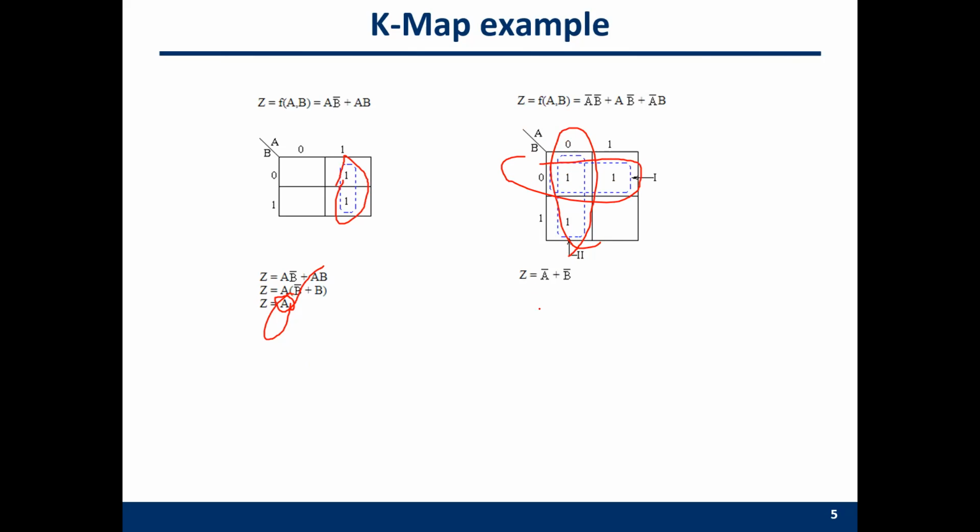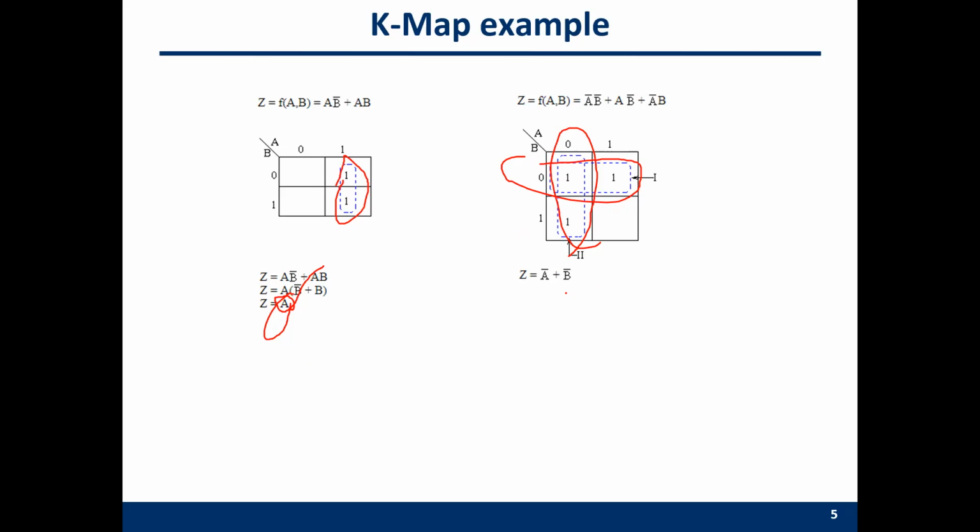B can be 1 and B can be 0. So we have no B because B or B bar is 1. So A bar multiply 1, which is still A bar. And then we write what this horizontal group represents. For this horizontal group, for these two boxes, B is always 0. So we write B bar here.